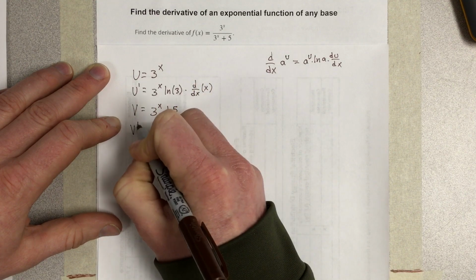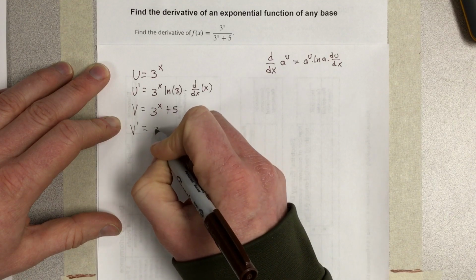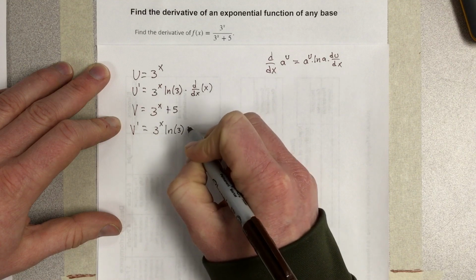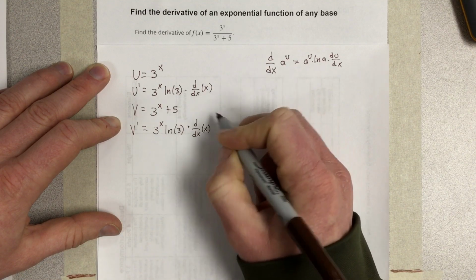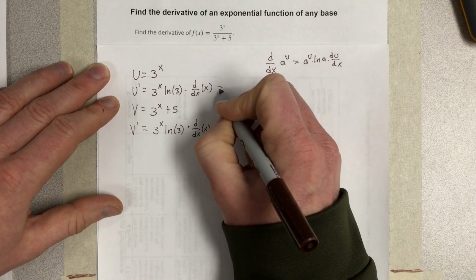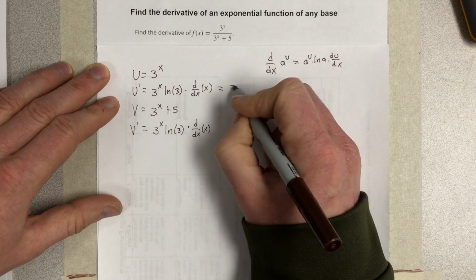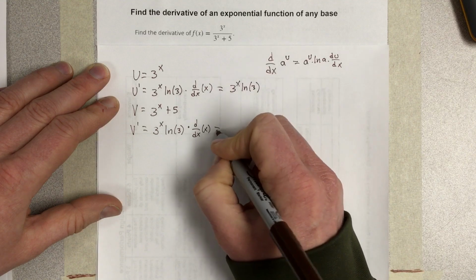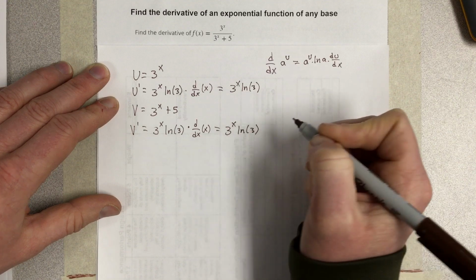And v prime is going to equal 3 to the x natural log of 3 times the derivative of x, and then the derivative of 5 is just 0. The derivative of x is 1, and if I multiply 1 times this, I just get 3 to the x natural log 3. Obviously that would be the exact same thing because they're written the exact same.